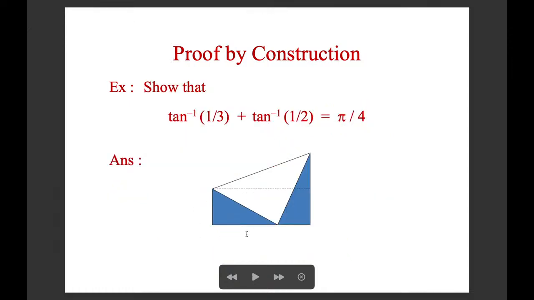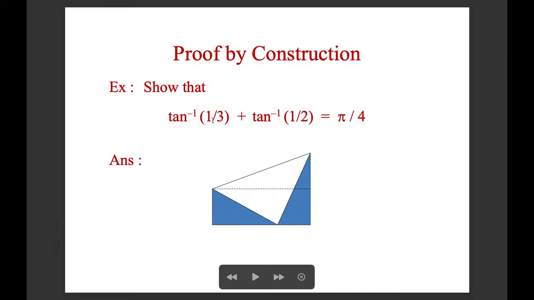Now, we don't actually need to find out or remember the formula for tangent inverse. It's not needed. As long as you understand what is meant by tangent inverse, that's okay. So tangent inverse 1/2 is what? It is this angle. Is that okay? Or this little angle, this sharp angle.